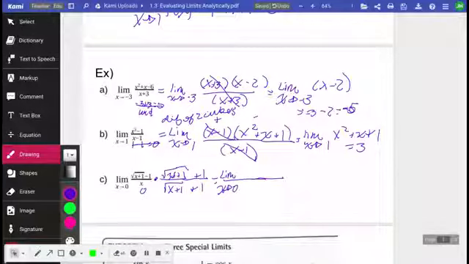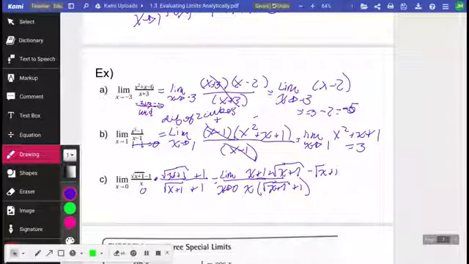The denominator has now become x times root x plus 1 and then plus 1. And the top, if you were to FOIL that out, root x plus 1 times root x plus 1 is root x plus 1 squared. The root and the squared cancel, so it's just x plus 1. The outer becomes root x plus 1 times positive 1, and the inner becomes negative root x plus 1, and the last becomes negative 1.